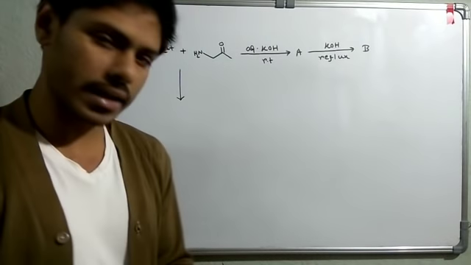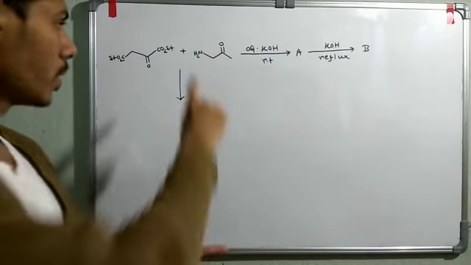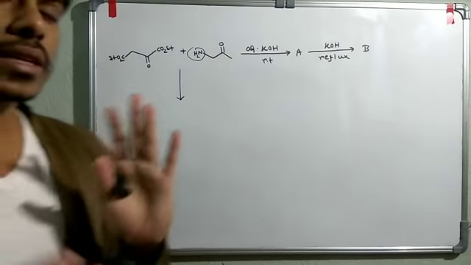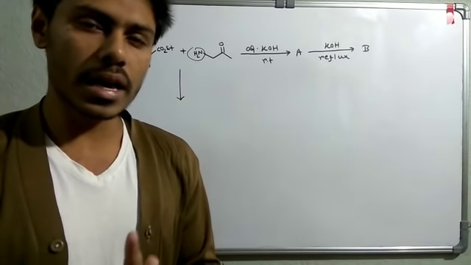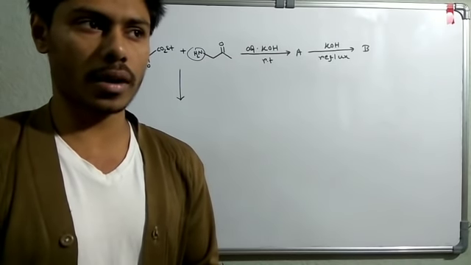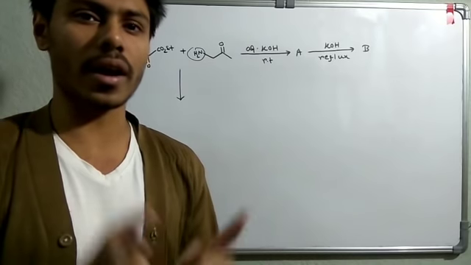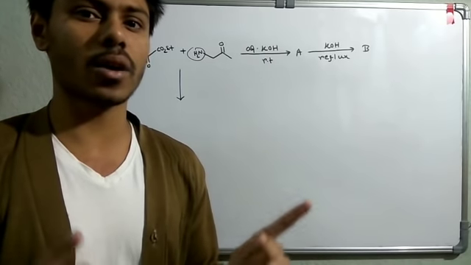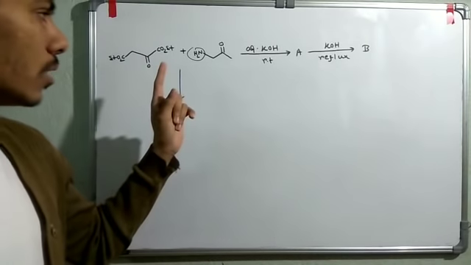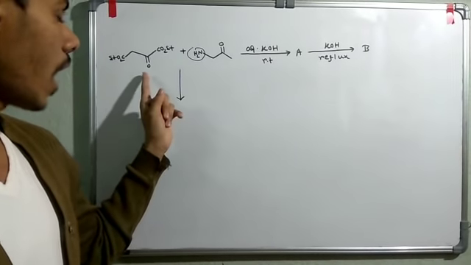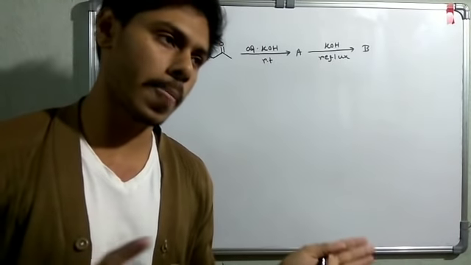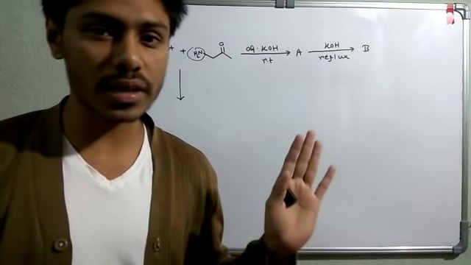But let me tell you that if you have an amine group, for example the primary amine group here, and some ketone or aldehyde group, the reaction which is most feasible, or which will occur 100%, is the condensation reaction that gives you the Schiff base. When you see an amine and a carbonyl functional group, that carbonyl should be a ketone or aldehyde, not an ester, right?